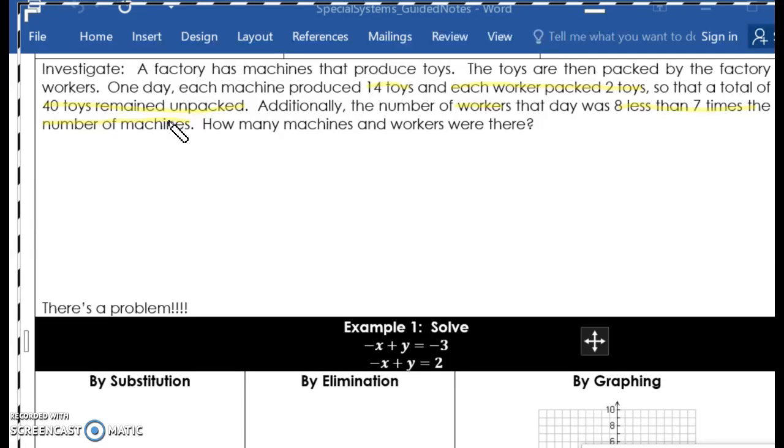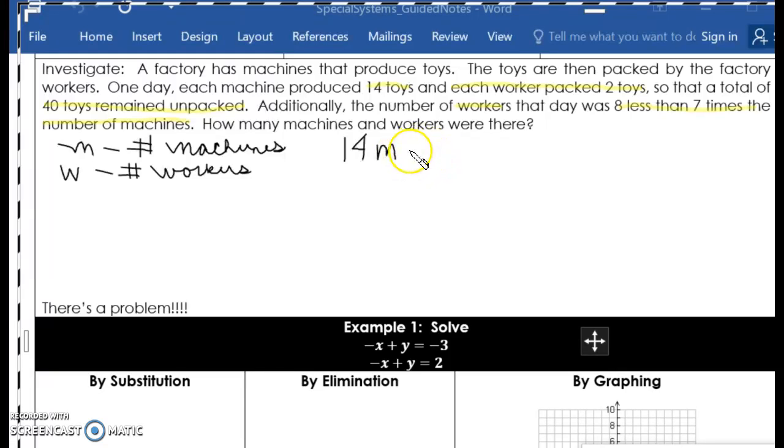Well, let's start by defining our variables. Let's call M the number of machines and W the number of workers. So we know that each machine produced 14 toys.